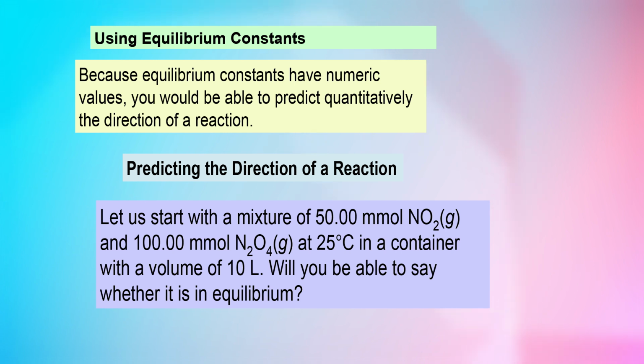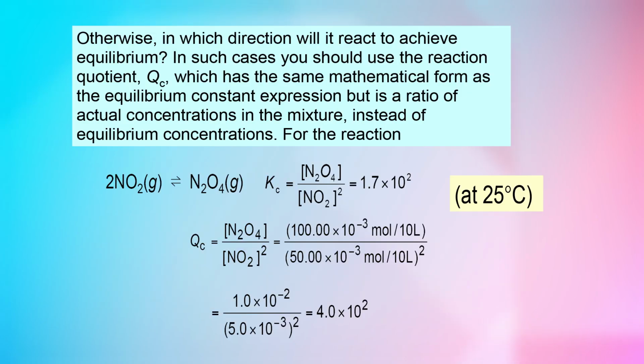Like, if we start with NO2 and N2O4, what will be the equilibrium? Here again, you have the reaction quotient, the mathematical form which we discussed before, and you have to see what its value is. Suppose for this equation we get the reaction quotient Qc to be 10 to the power 2.